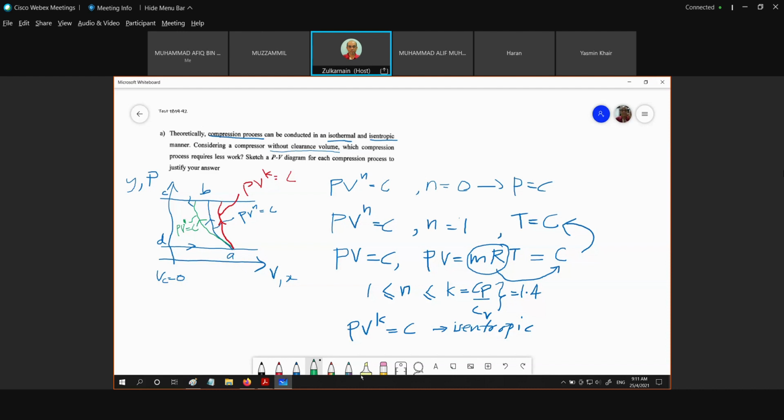Sketch PV. Kita dah sketch the PV diagram. Okay, justify the answer. Why? Because the area of PV represent the work required. So the minimum work required is based on the smallest area of A, B, C, D, A. That should be your answer.